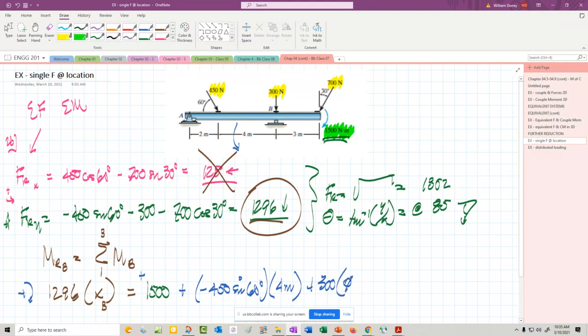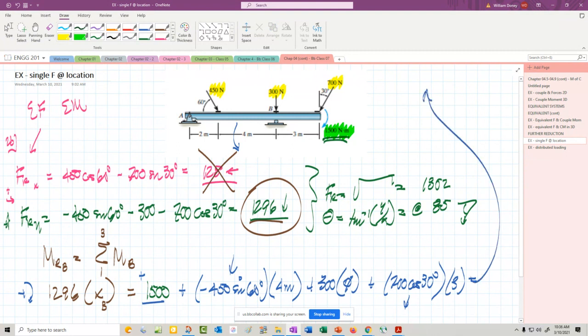We can put the 300 in there, but that's at 0 distance. The 700 will be the cosine 30 vertical component. Its distance is 3 meters. So that accounts for all 3 forces plus the moment.